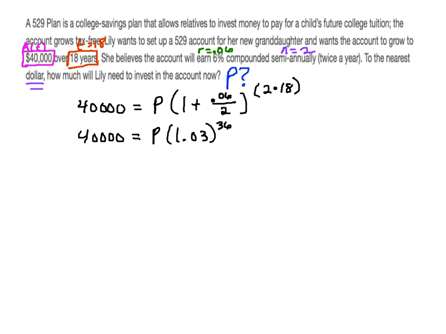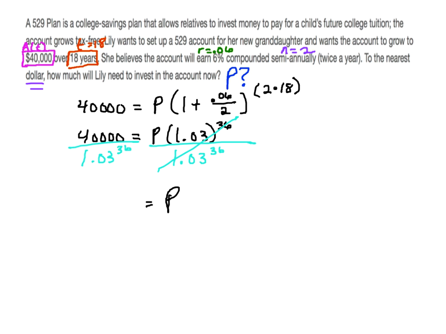Okay, so I need to divide that factor of 1.03 raised to the 36th power off of both sides to get what I need to invest as principal. Okay, so 40,000 divided by 1.03 raised to the 36th.